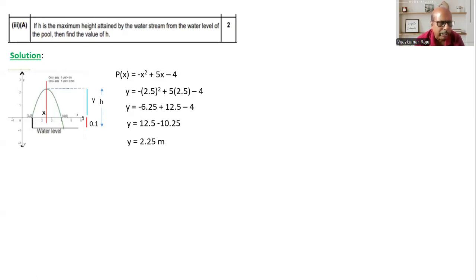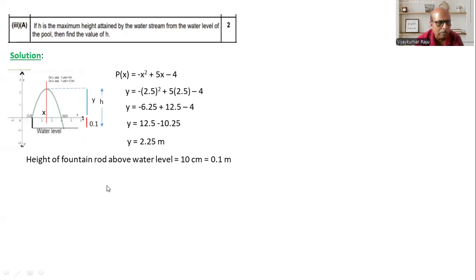So this y value, above the x-axis, from here to here, the maximum height, is 2.25 meters. But we have to find the total height, including the height of the pipe. The height of the fountain rod above the water level is 10 centimeters, that is 0.1 meters.